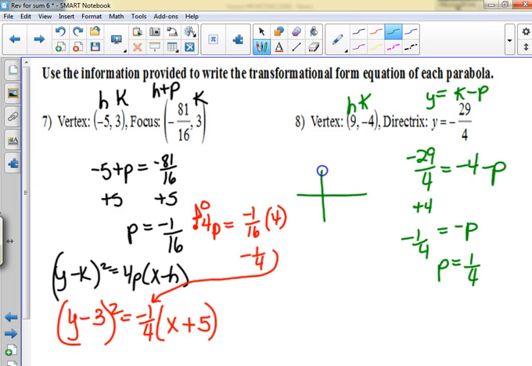Let me think about that. If the vertex is over 9 and down 4 and the directrix is down 7 1/4?